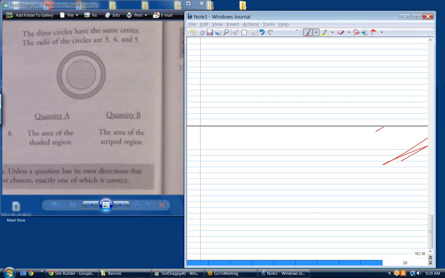Unless you know how to proceed here, I was going to say let's talk about the area of shaded regions, because that's another popular question. Let's just take a simple case.